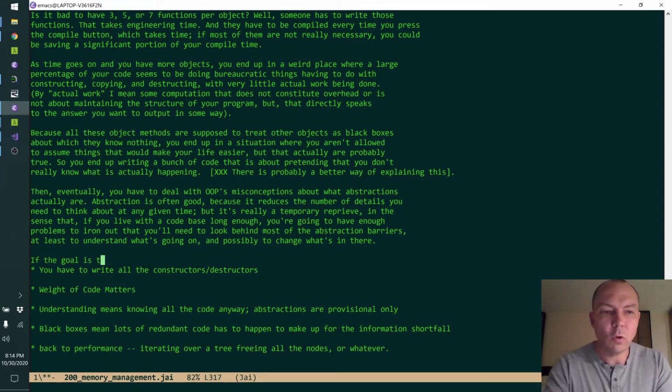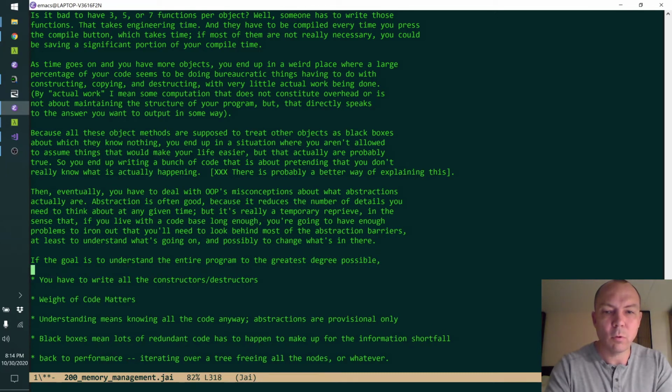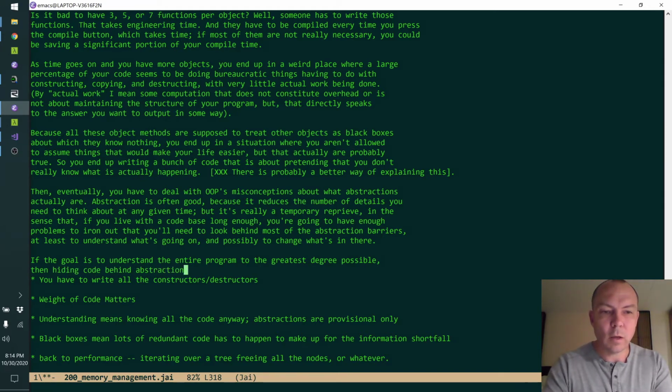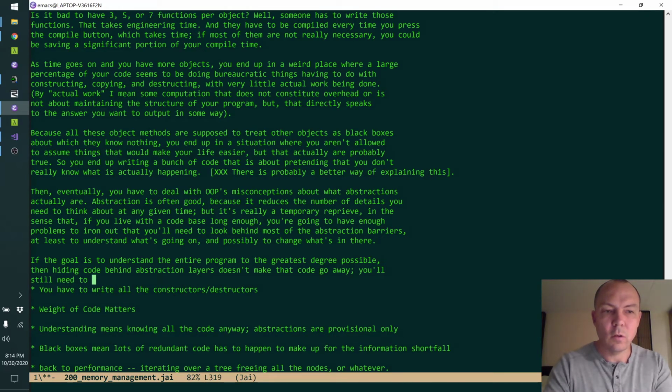If the goal is to understand the entire program to the greatest degree possible, then hiding code behind abstraction layers doesn't make that code go away. You'll still need to understand it eventually.